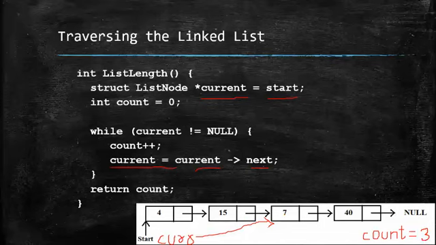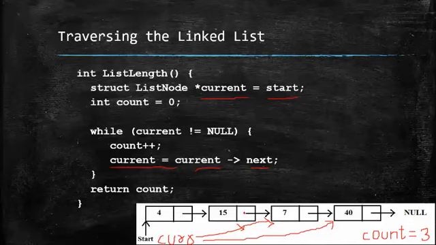Once again current becomes the next of current, so we have to disconnect this and make current start pointing to the next element. So now current starts pointing to this. Again we are checking whether current is not equal to null. As we know, it is not pointing to null, it is still pointing to some element.